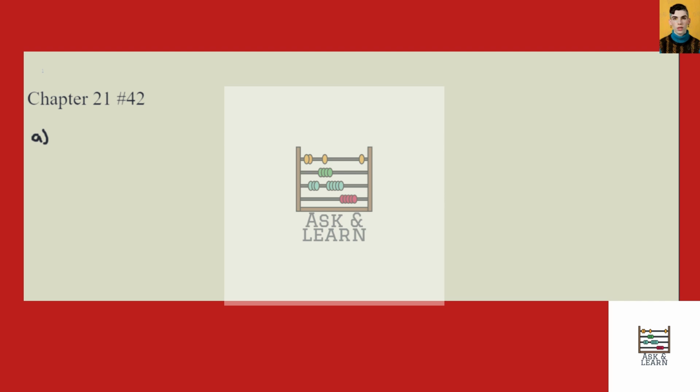Looking at the first one, that's an 8-carbon chain with a phenyl substituent and a ketone. We want to give the ketone the lowest number, so that's going to be carbon number 3. That would make the phenyl group at carbon number 8.